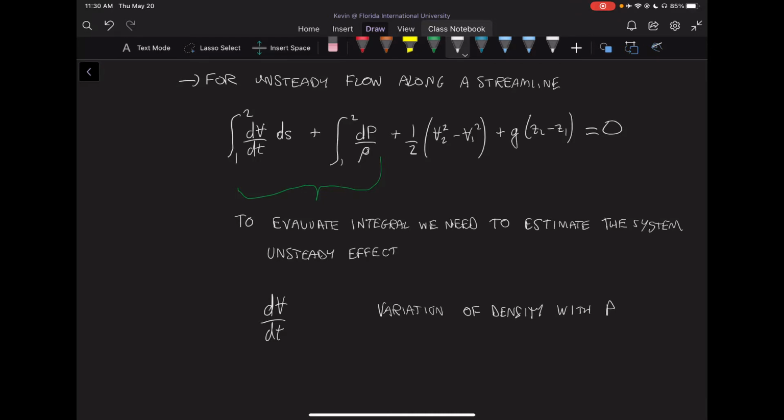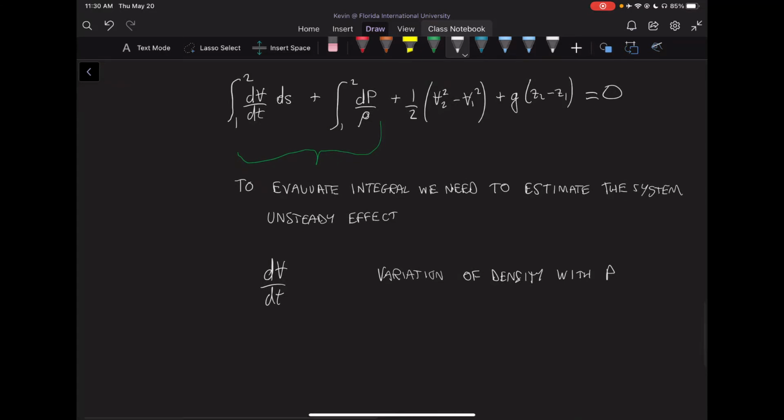So if we now say we have a problem with steady flow and an incompressible problem, we can now simplify our problem. So if we have steady flow, we can say that the change in velocity with time is going to be equal to 0.